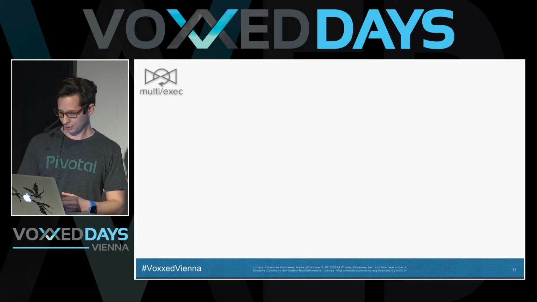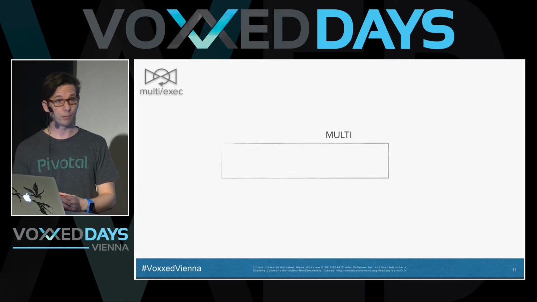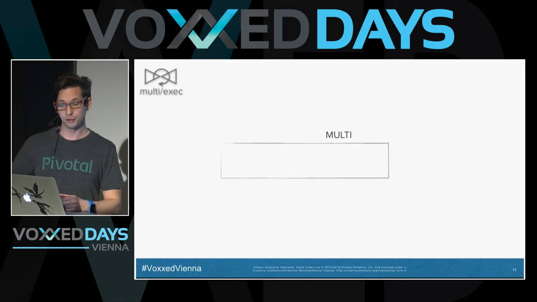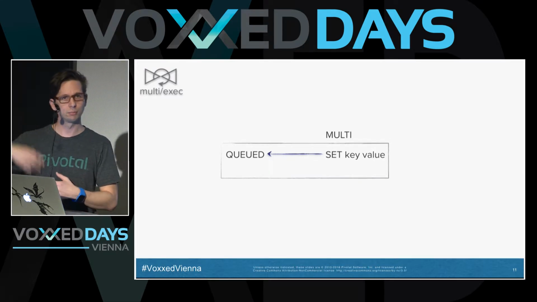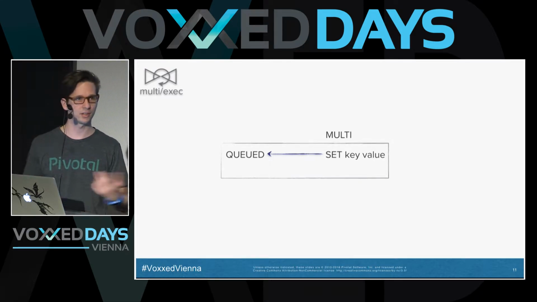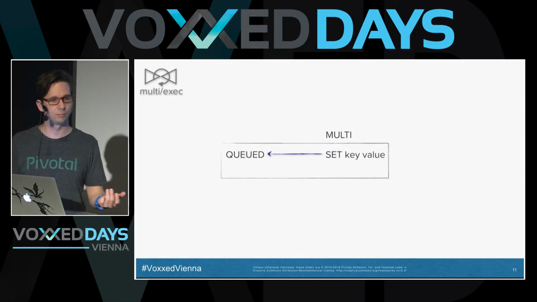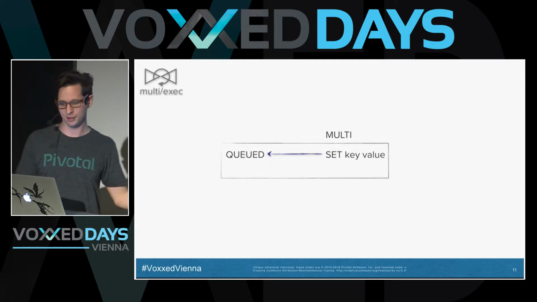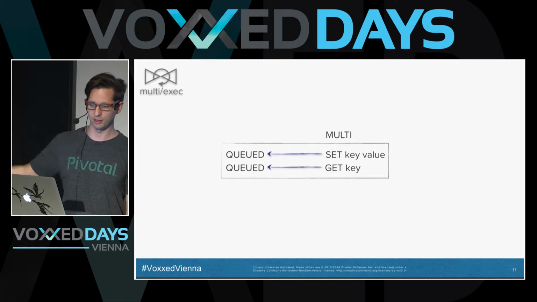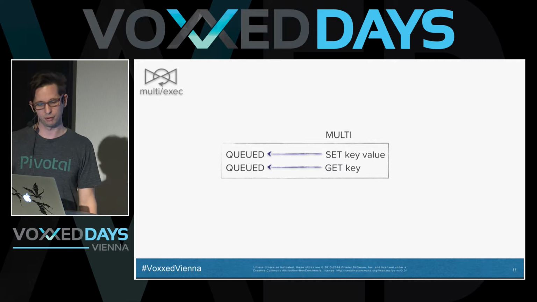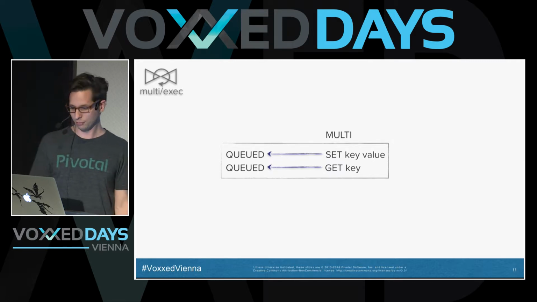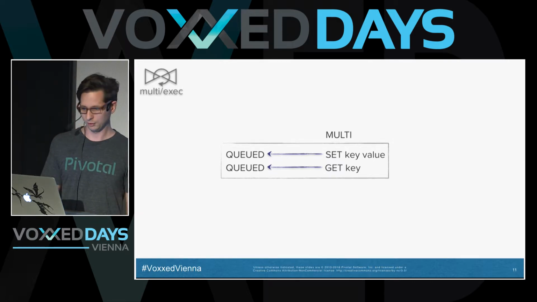Transactions work like this: you issue a multi command, which puts the server in a queuing mode. Then you push all the commands you want, and as the return value, those aren't executed immediately, but get queued on the server side. So you call set with a key and a value, and it gets queued, and then on the same connection you call get with the key, which also gets queued and doesn't return anything immediately.